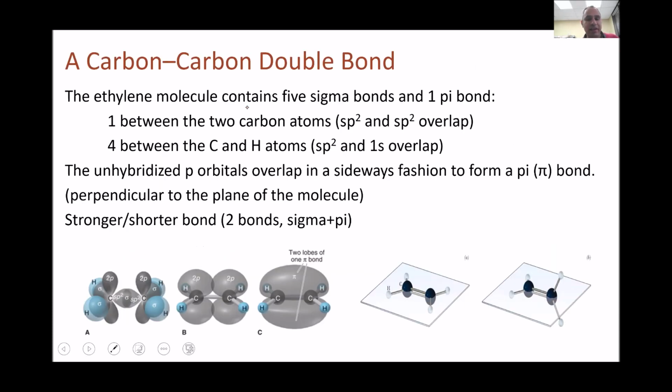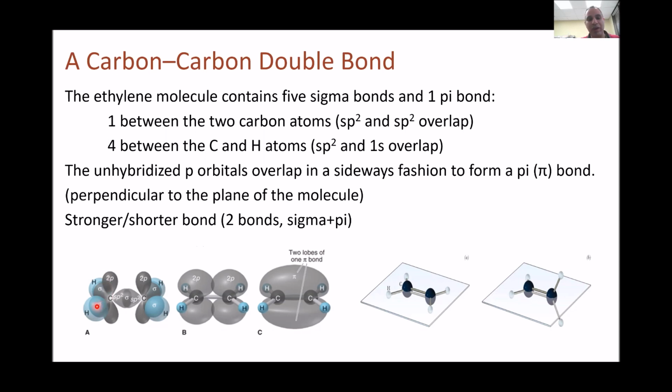But if you look at the ethylene molecule, you will find that each carbon atom actually has only 3 domains, which means it's going to have sp2 hybrids that will be oriented in a trigonal planar orientation with 120 degrees angle between each two of them, while the unhybridized p orbital is going to be in a perpendicular orientation with respect to the hybrid orbitals.